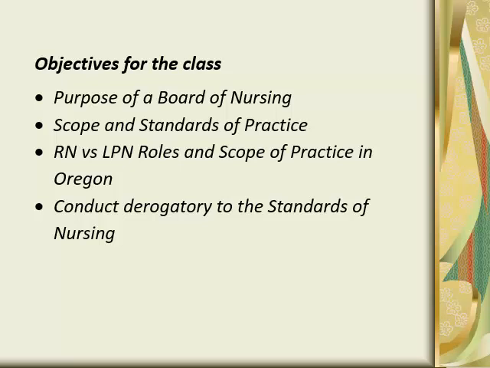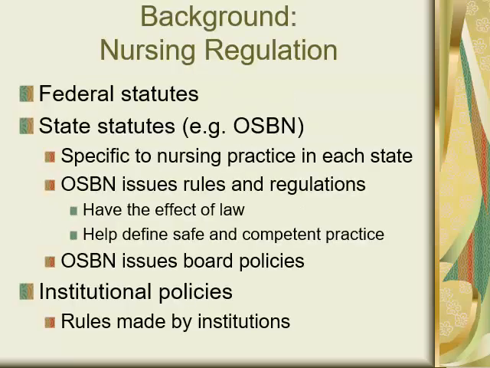Licensure is necessary in that there needs to be some type of objective method to prove that the individual is qualified to practice nursing safely. As with other agencies, the practice of nursing has regulations. The highest authority are federal statutes. In nursing, the statute came down from the federal level declaring that nursing will be regulated at the state level, not at the federal level.